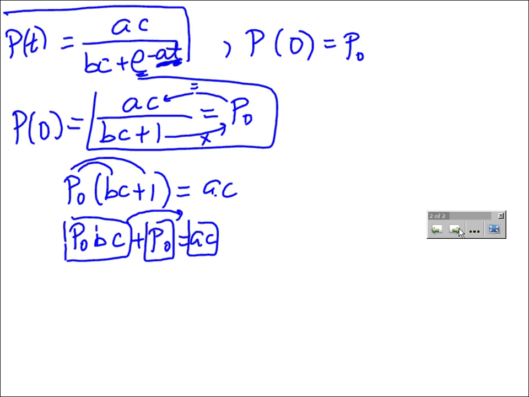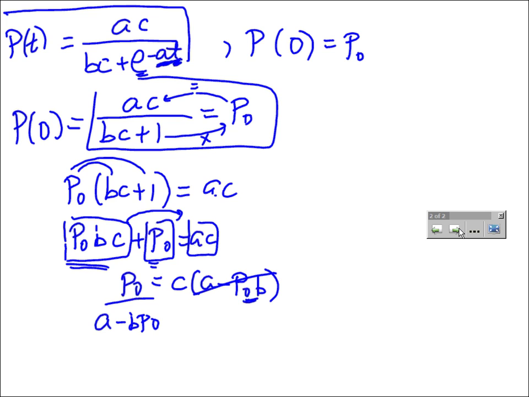I'll bring those c's over. I have plus p0 left on the left side. The right side, I have a times c. When I bring this over, it becomes minus p0 b. So I divide by that factor, and I now know what c is. I'm just going to write the b first. b times p0. This is what c is.